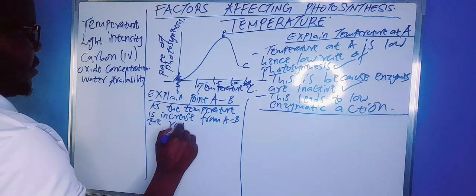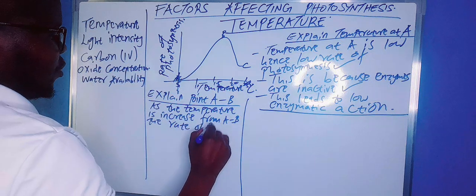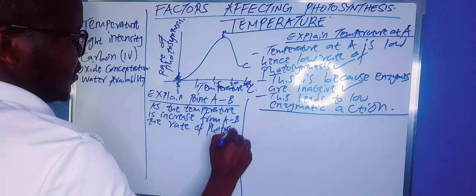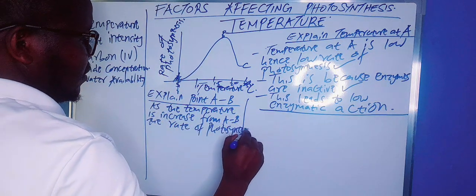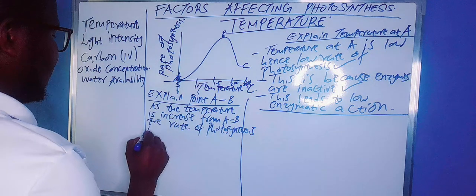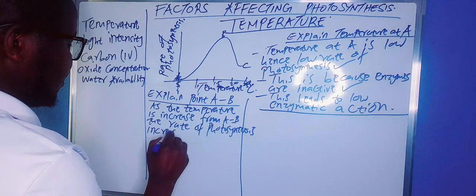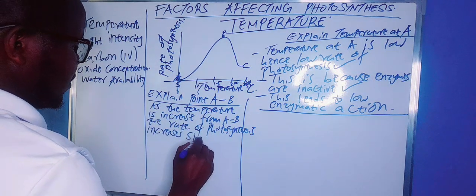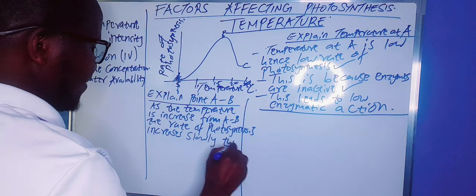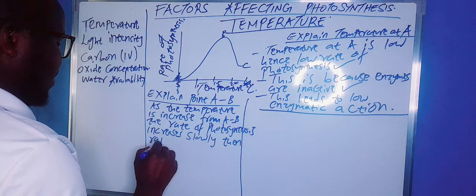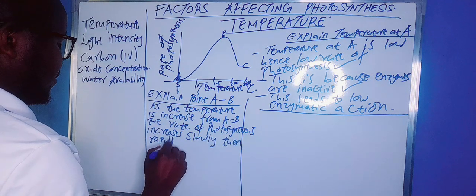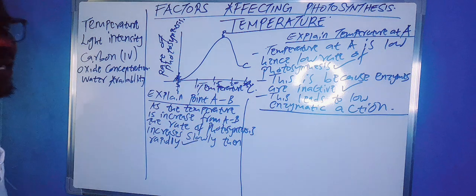The rate of photosynthesis increases first slowly, then rapidly. You get your first mark.